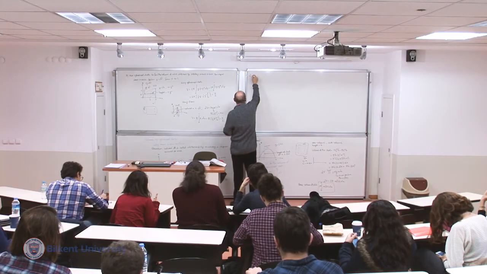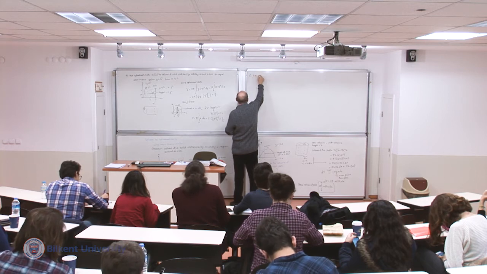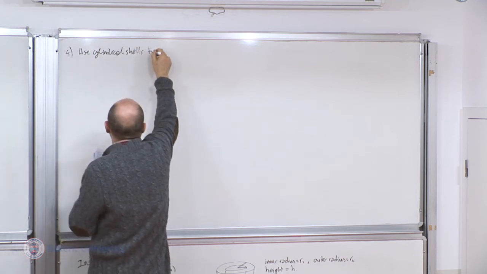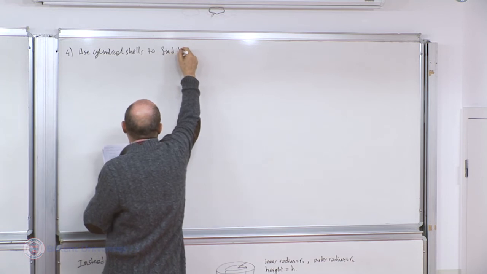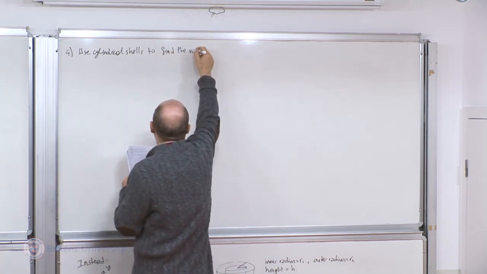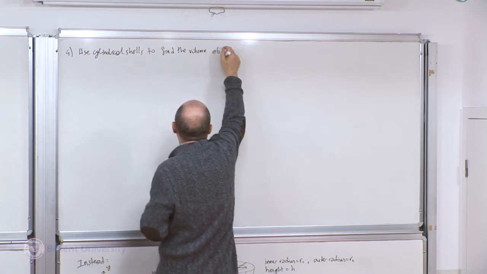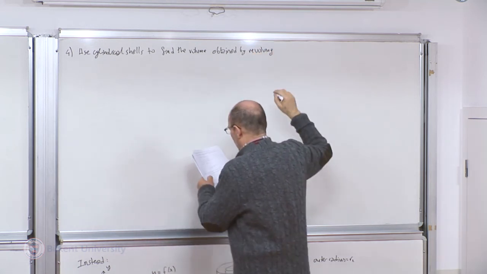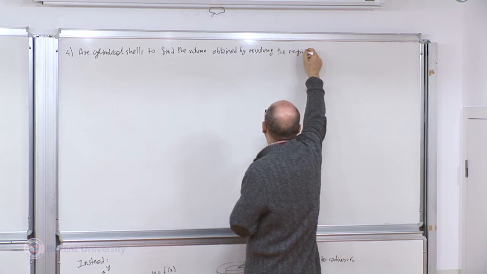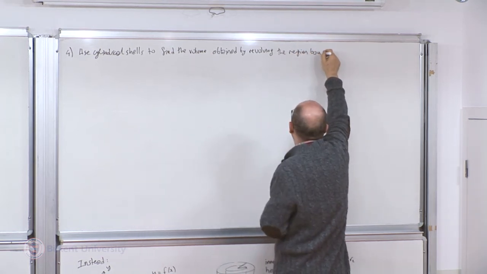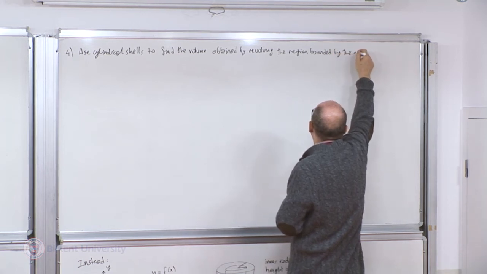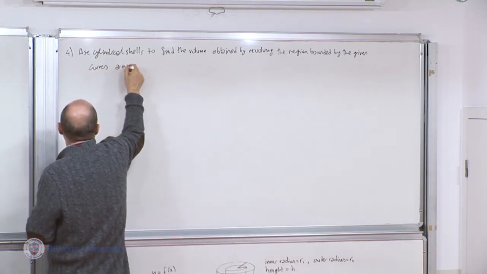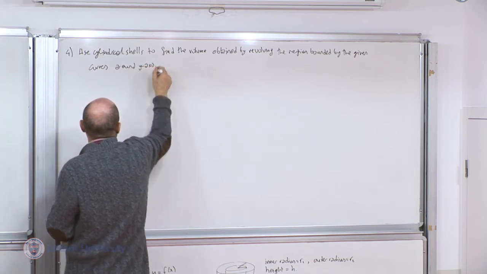So this is for using cylindrical shells to find the volume obtained by revolving the region bounded by the given curves around the y-axis.